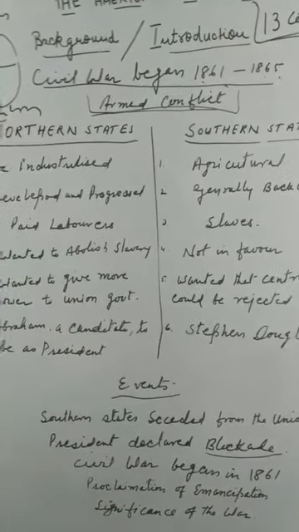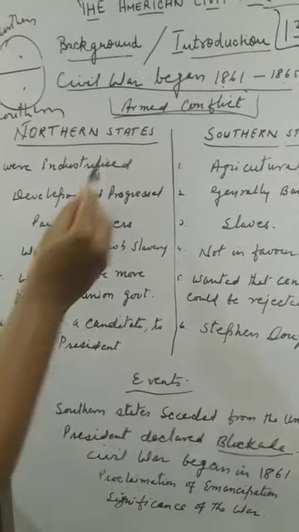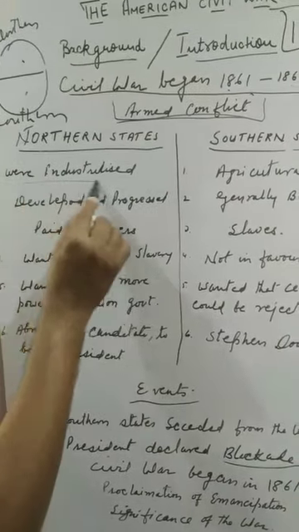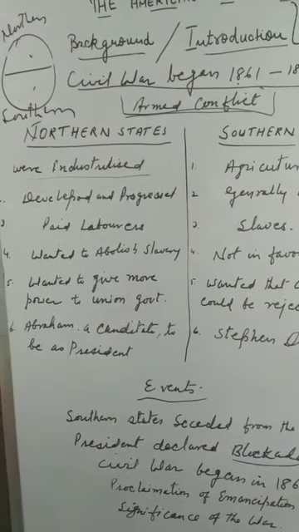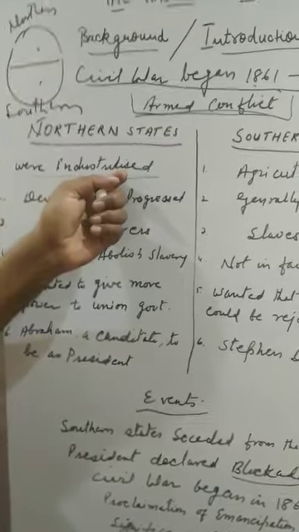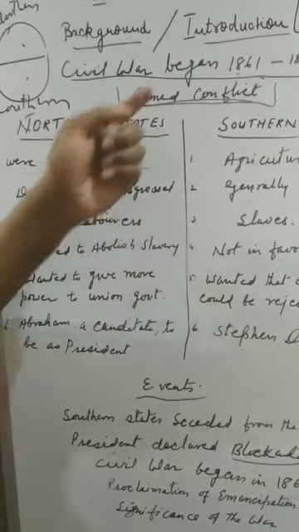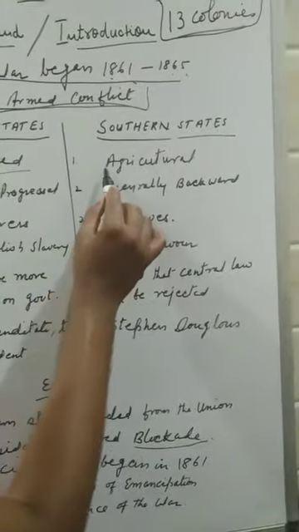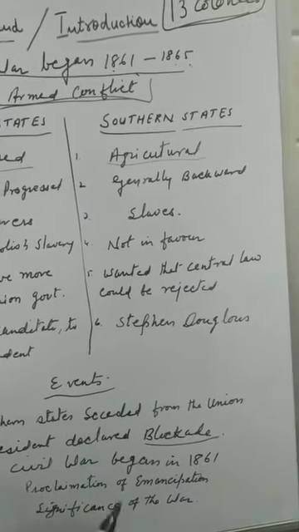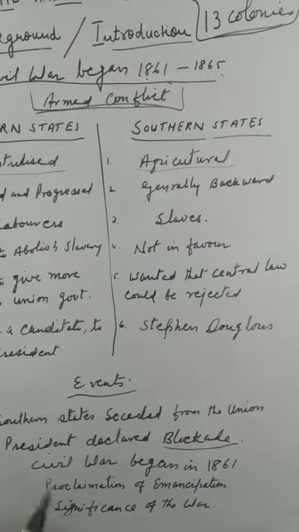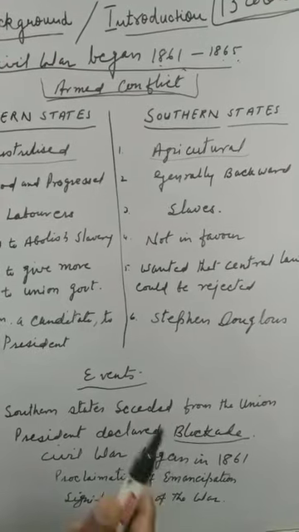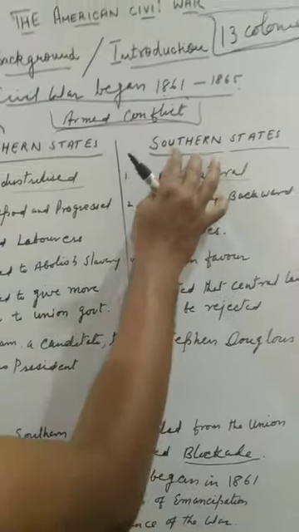So here, students, northern states were industrialized. Southern states were not industrialized, and were mostly agricultural. Tobacco, cotton, sugarcane, these things were grown in the southern states.